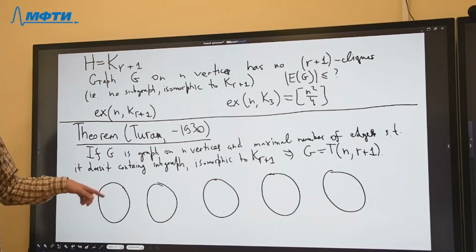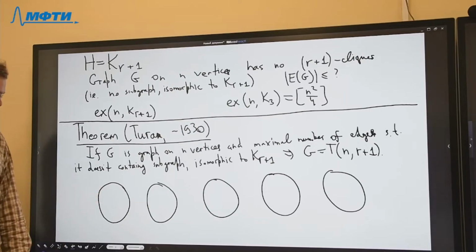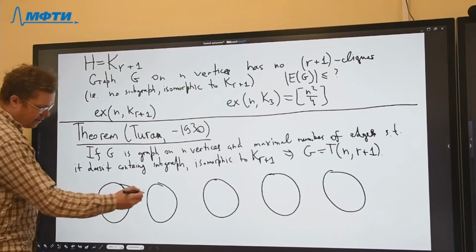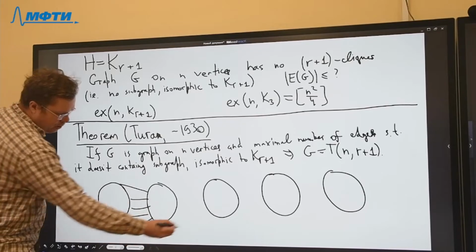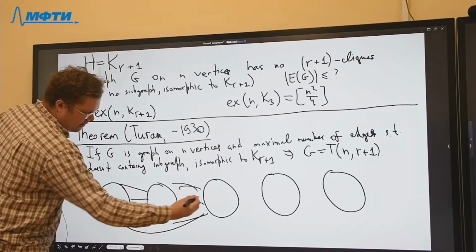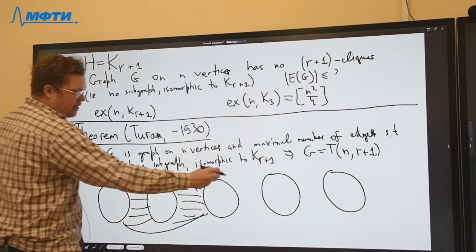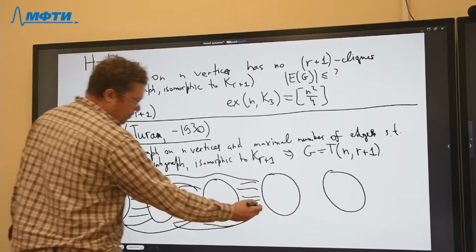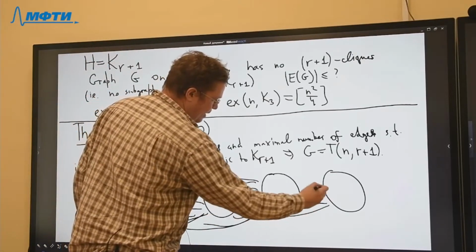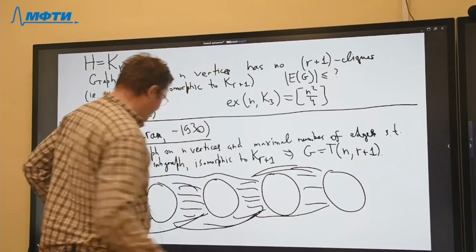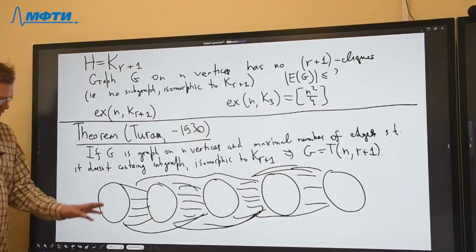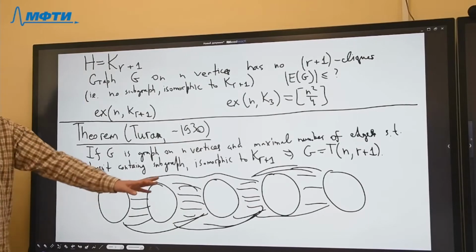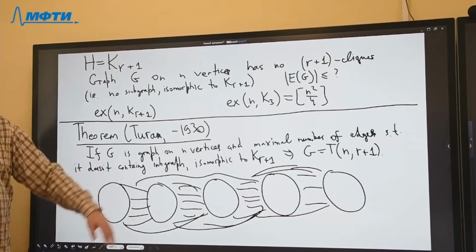By this I mean that they have no edges inside them, but they are all connected with all other parts. So this is not a bipartite graph, but a multipartite graph, when you have different parts, and we provide all possible edges between every two of these parts.